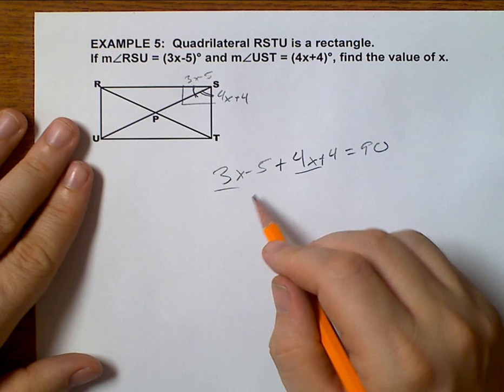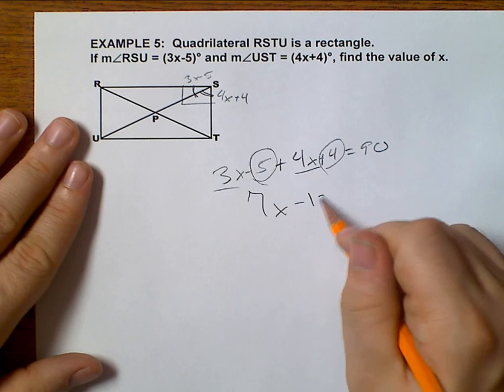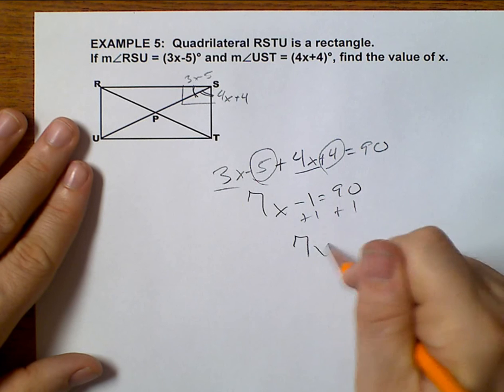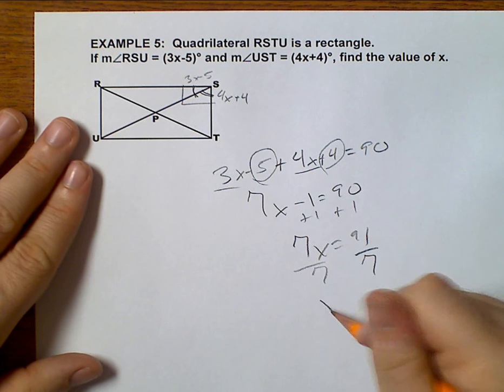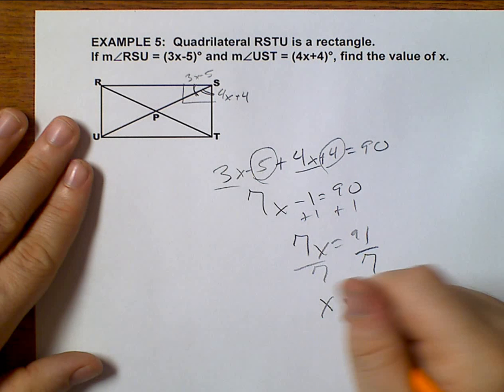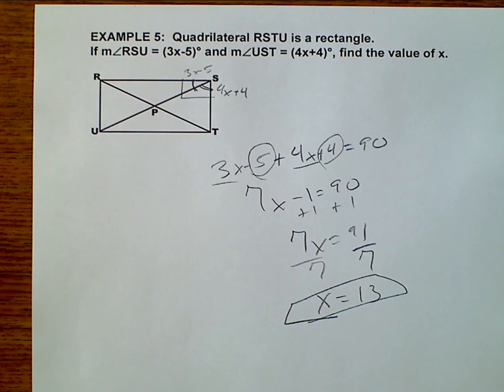And that gives me 7x minus 1 to equal 90. When I add 1, I get that 7x equals 91, which means, of course, I need to divide by 7, which gives me that x equals 13.